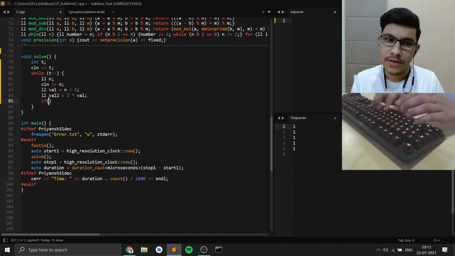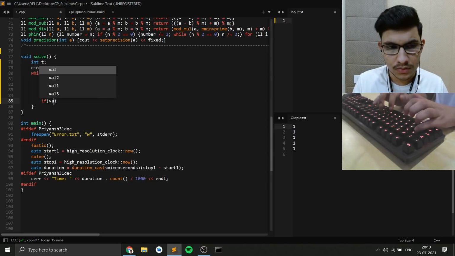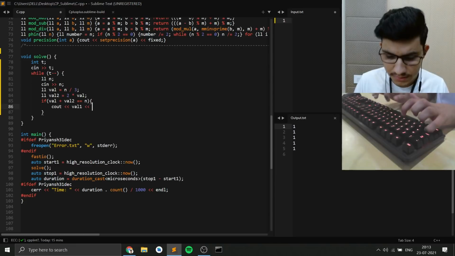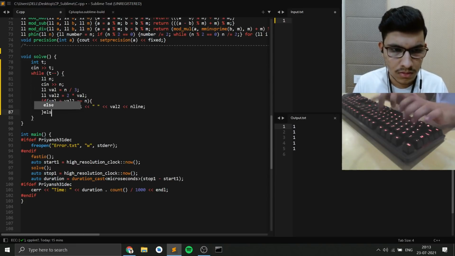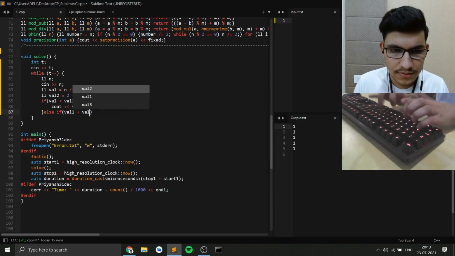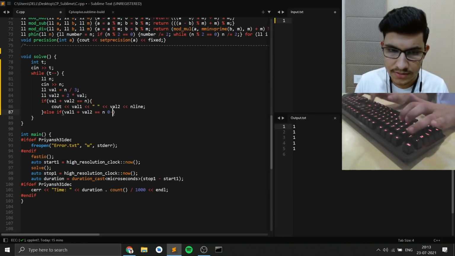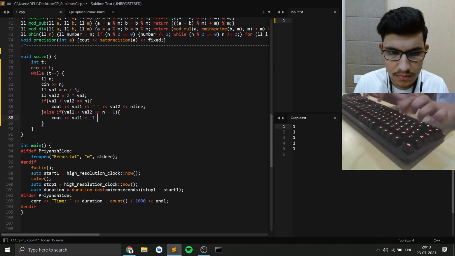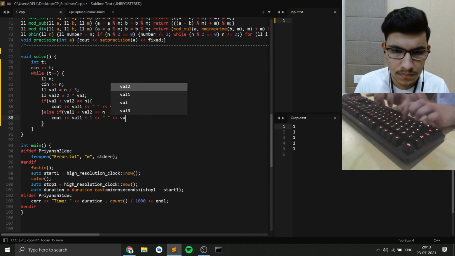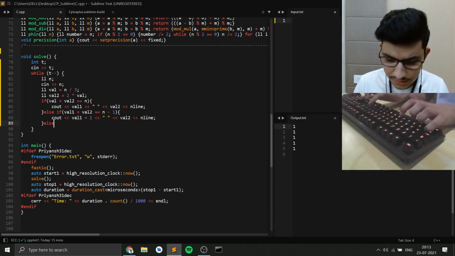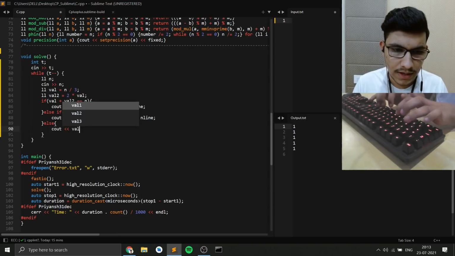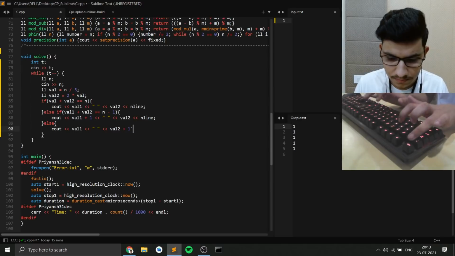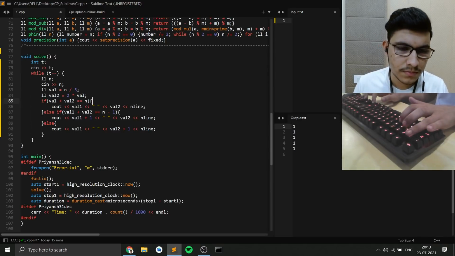So now the difference can be only 1 or 2. If val1 plus val2 equals n, then I just simply print this. Else if val1 plus val2 is equal to n minus 1, then I print val1 plus 1 and val2. Else I print val1 and val2 plus 1. Right, this should be fine.